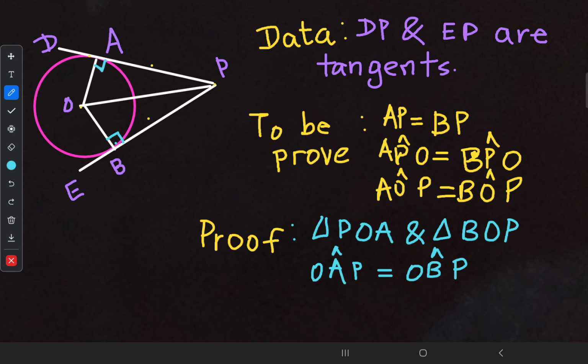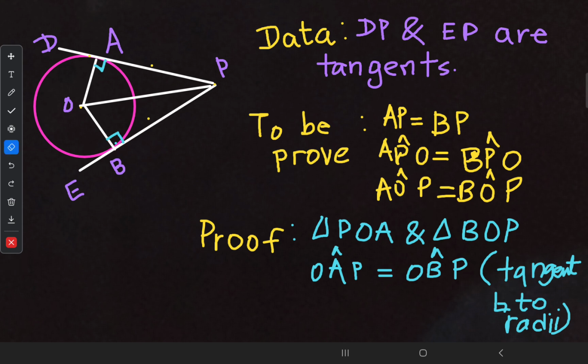So these are equal, no? In the reason you should indicate: tangent perpendicular to radii. This is the thing you should indicate first.